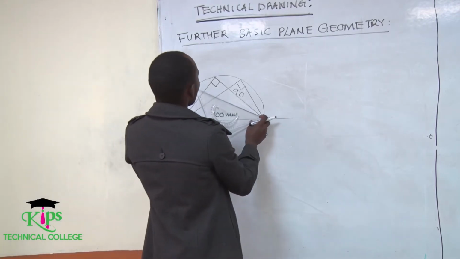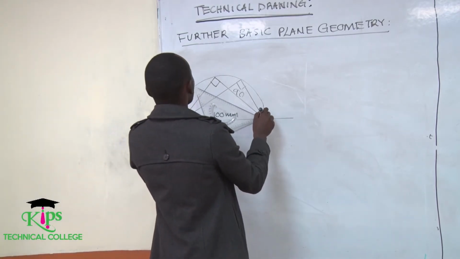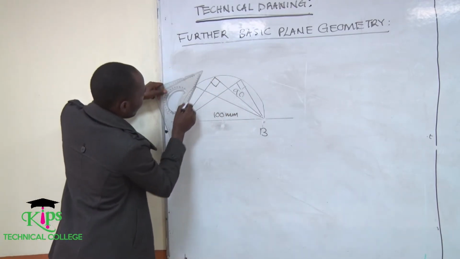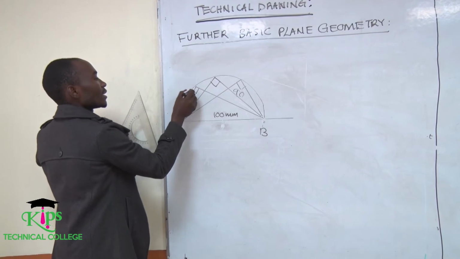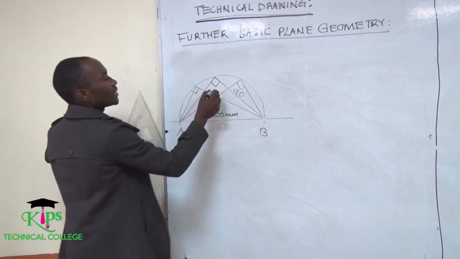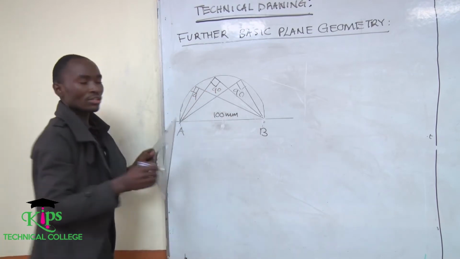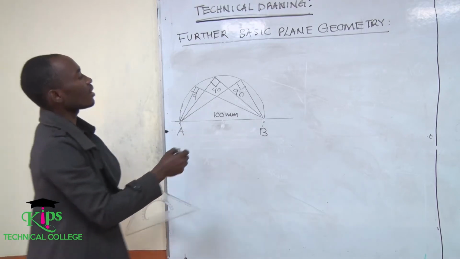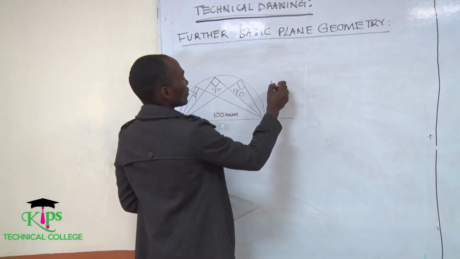If I also try to draw another one, again this is 90 degrees, so it is also 90, 90, 90. So all the triangles that try to lie in a semicircle are all right angled triangles.